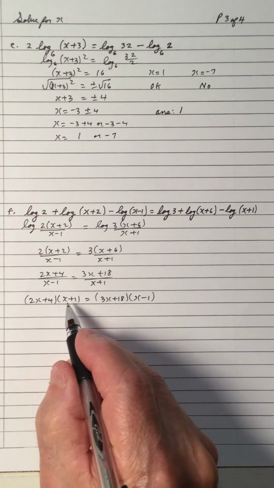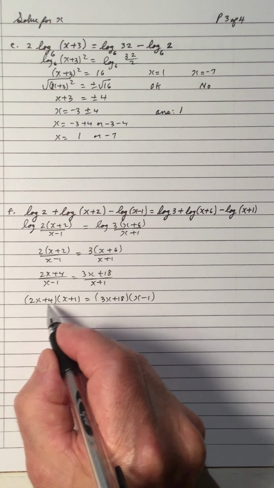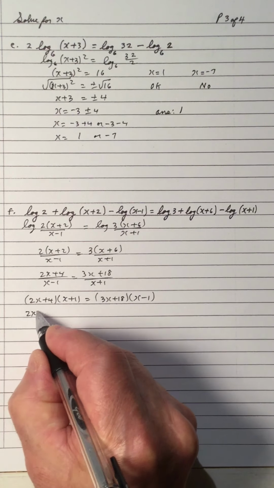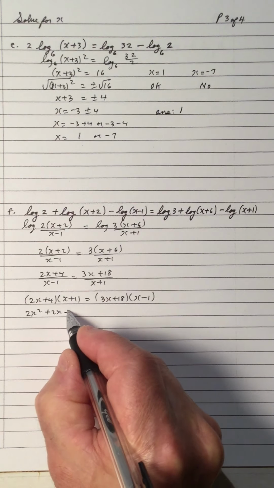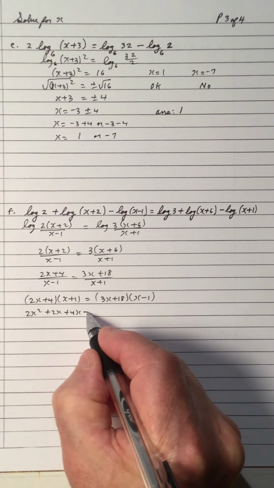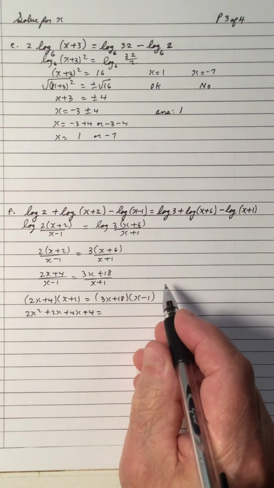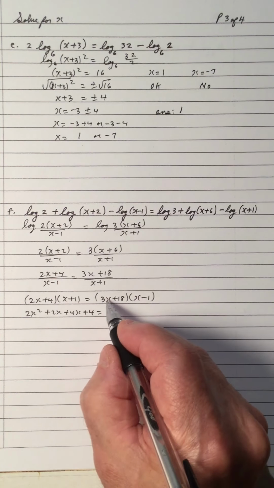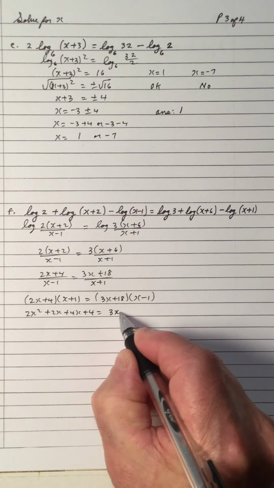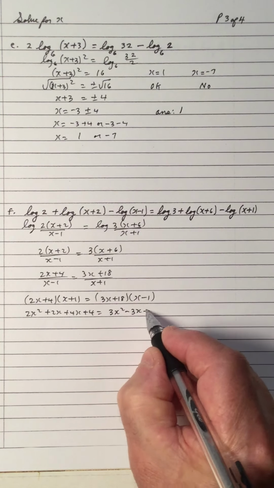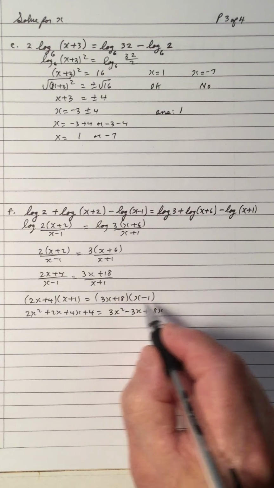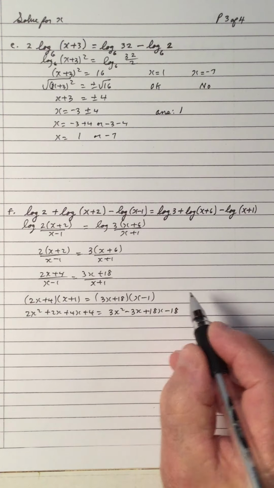And so we have binomials. We do FOIL first. 2x times x, 2x squared, 2x times 1, 4 times x, 4 times 1. And we multiply this one. 3x times x, 3x times negative 1, 18 times x, 18 times negative 1.